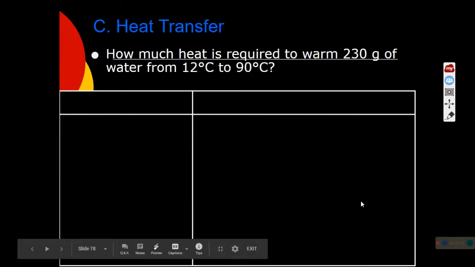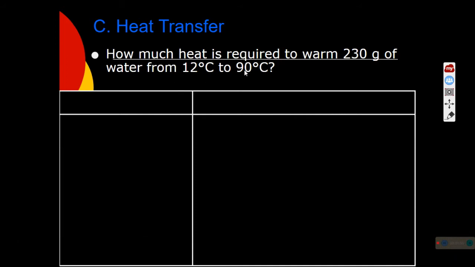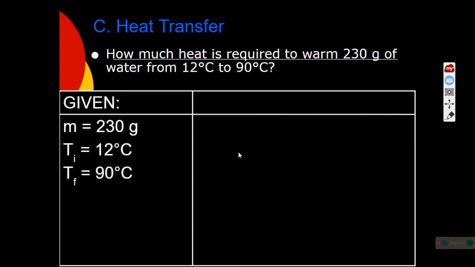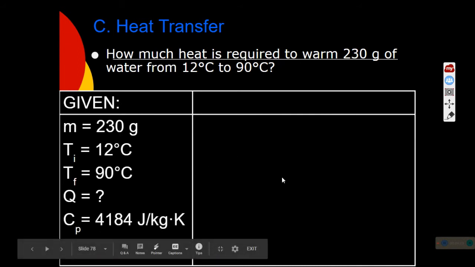Okay? What about this? We have our mass. We have our initial and final temperature. So we would do mass is 230, final minus initial. And we need our heat added, but we know our specific heat is going to be 4,184 because water always has the same specific heat.